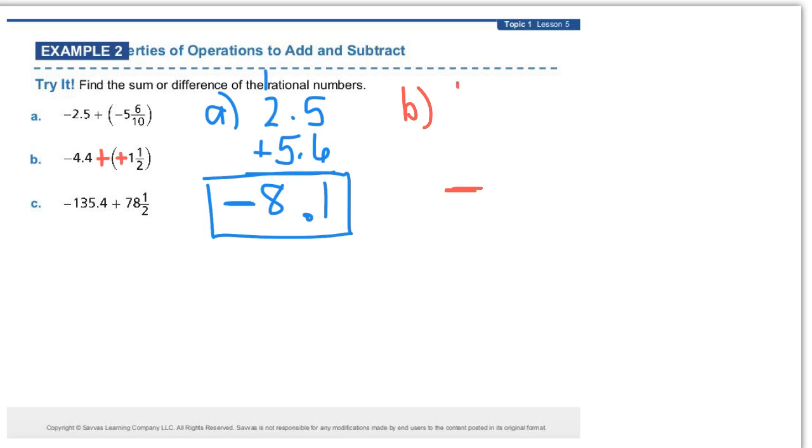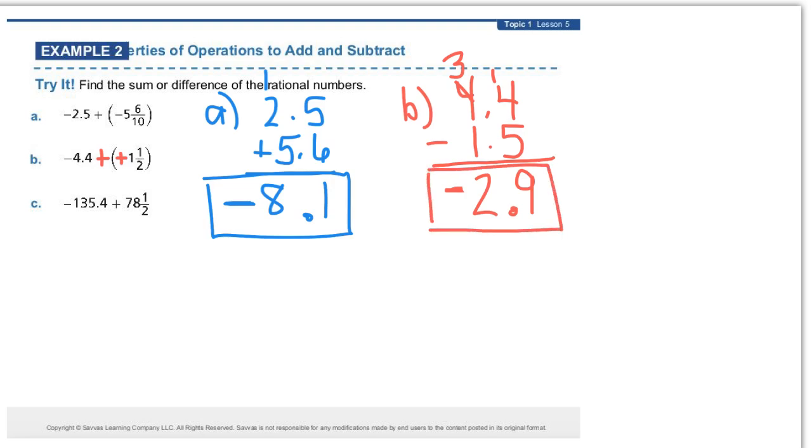So now I'm going to subtract my digits. 1.5 looks like that. I'm going to have to make my negative sign just a little bit smaller. There we go. Okay. So I'm going to go ahead and subtract. I'm going to borrow. 14 minus 5 is 9. Put your decimal down. 3 minus 1 is 2, and it was negative because I had more negatives than I had positives.